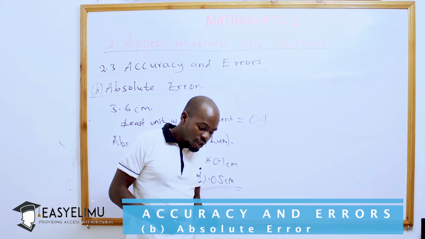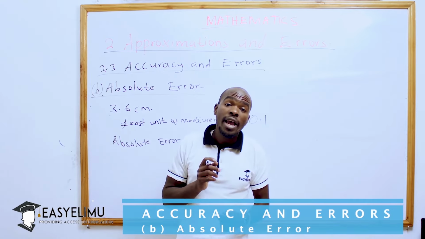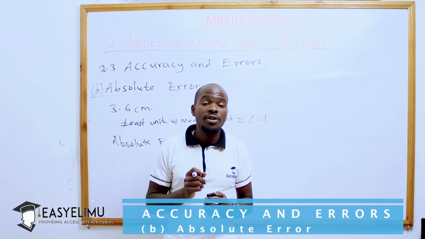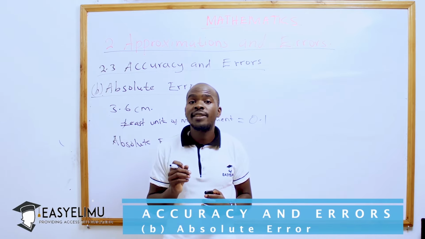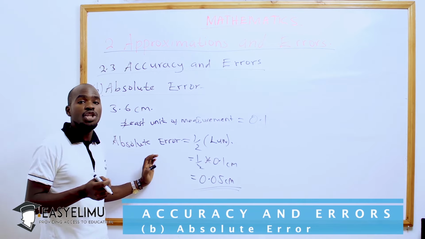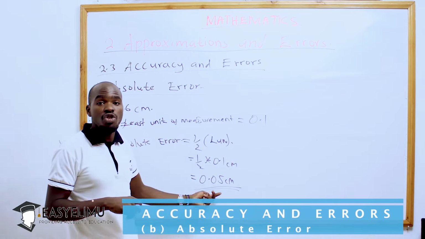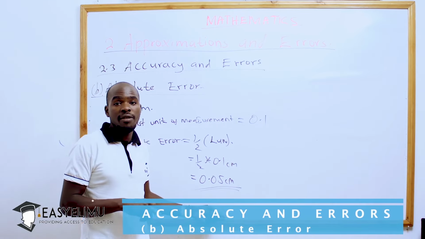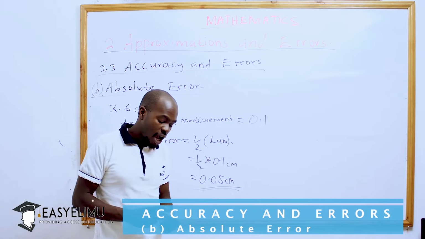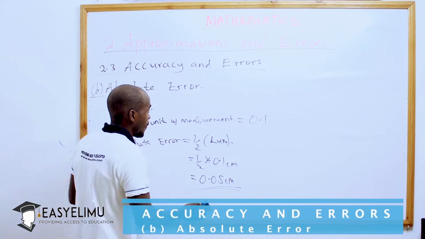Generally, the absolute error of any given or stated measurement is the same as taking half of the least unit of that measurement. If you take a half, as we have done, you will find the absolute error of that given measurement. Let's see how we may find relative error of a given measurement.